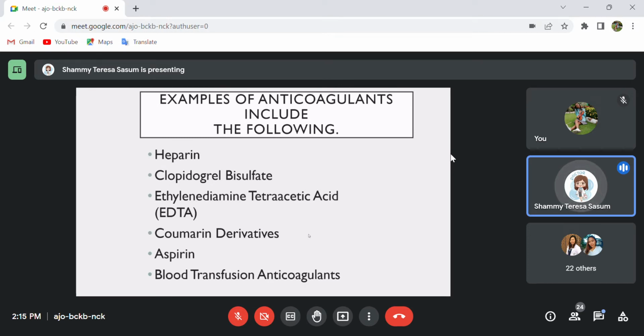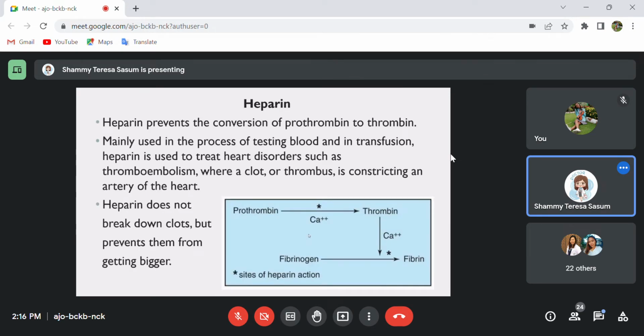Here are examples of anticoagulants: heparin, clopidogrel bisulfate, ethylenediaminetetraacetic acid, coumarin derivatives, aspirin, and blood transfusion anticoagulants. Heparin prevents the conversion of prothrombin to thrombin.